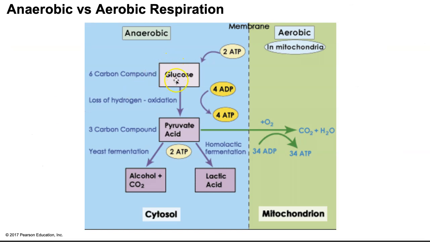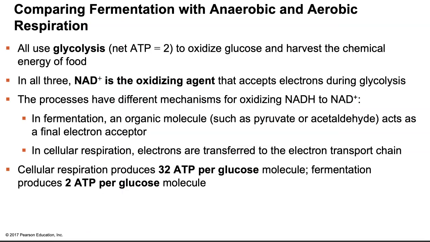Fermentation only has glucose creating ATP and there's only a net of 2, whereas cellular respiration, we have oxidative phosphorylation, which makes 28 extra ATP. So there's a big difference in energy creation by them as well.